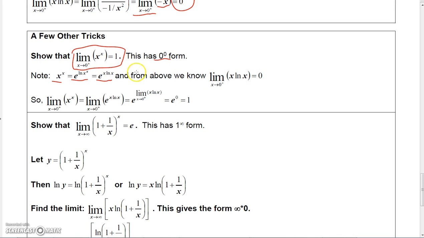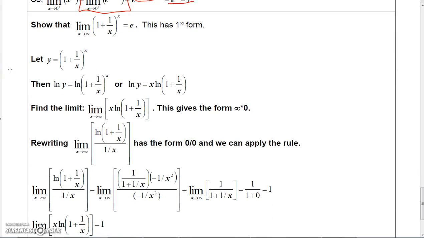So the limit of e to the x natural log of x as x approaches 0 from the right is the same as e to the limit of this exponent, which we know is simply 0. So this is just e to the 0, which is 1.